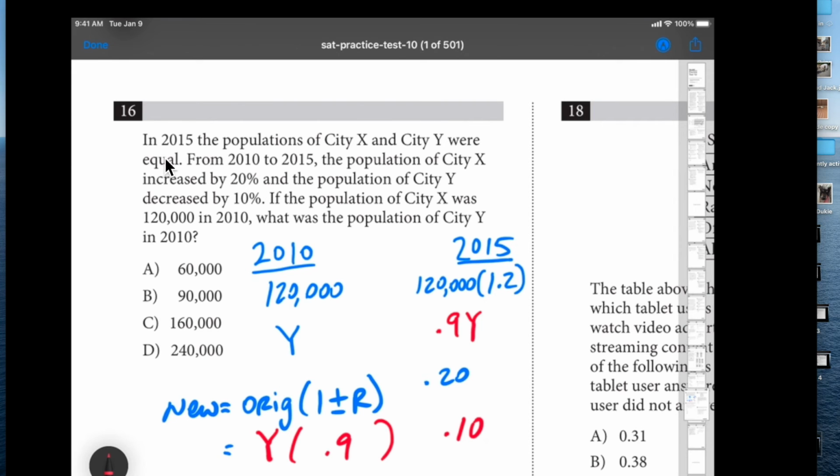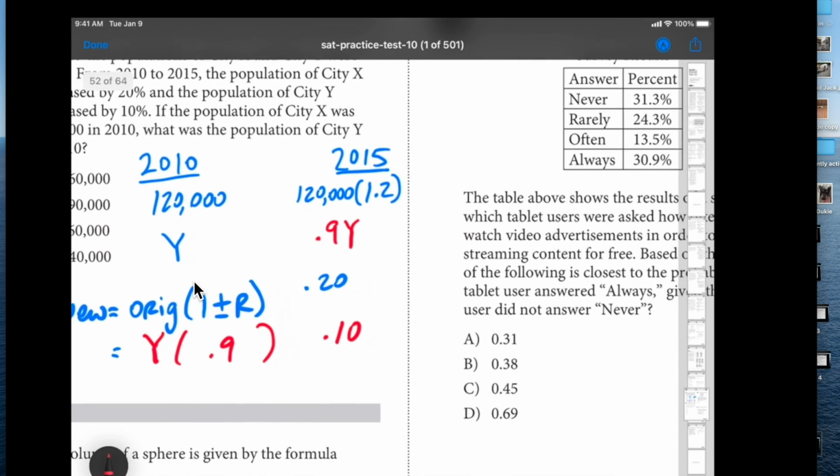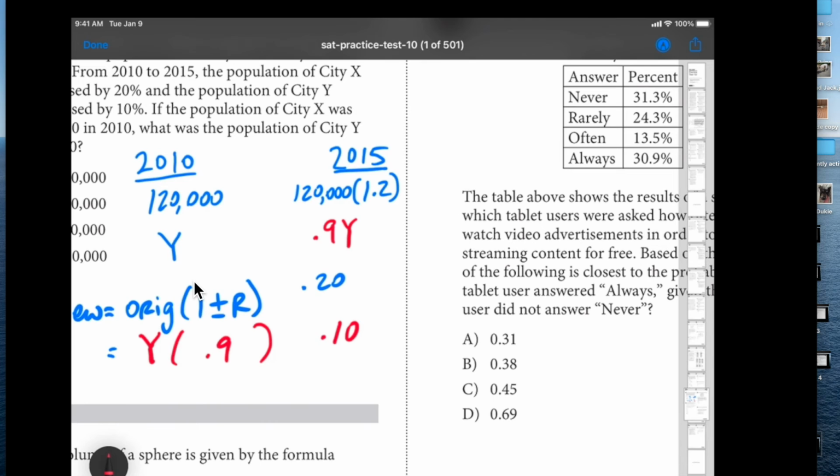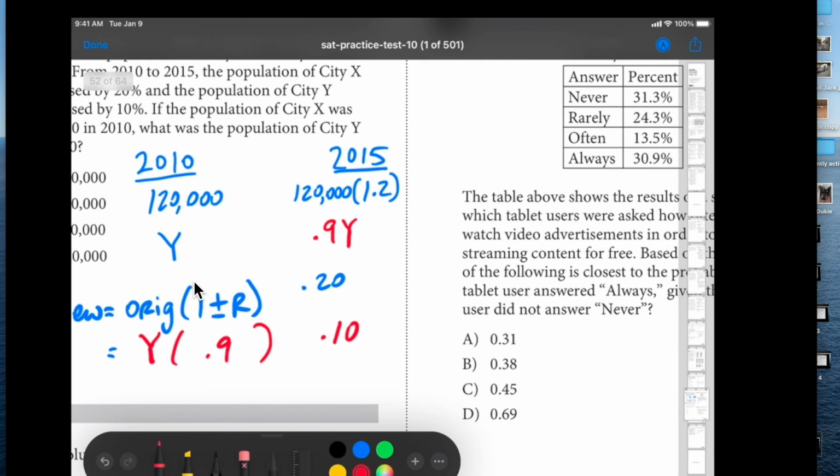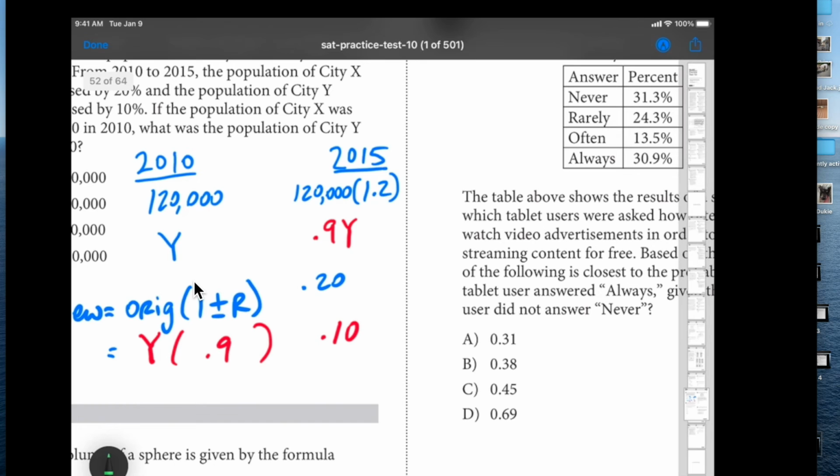Now, don't forget, in the first sentence, they told us that in 2015, the cities had equal population. So now we can set these two equal to one another. We're trying to solve for Y. So I'm going to put up here, let me choose a different color, let's use green: 0.9y equals 1.2 times 120,000.